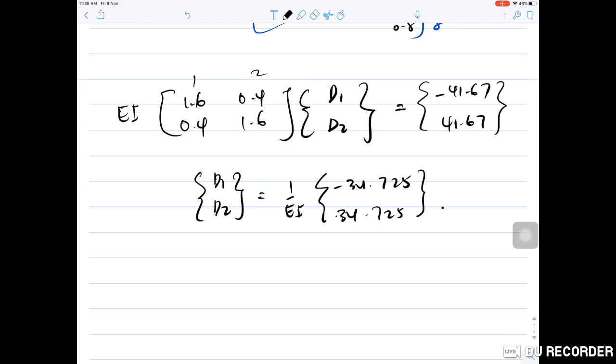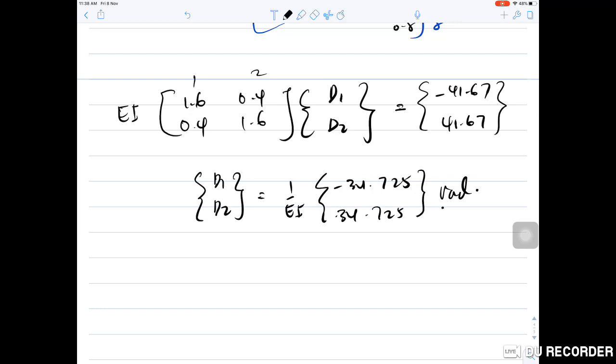If EI is given, then we can get the displacement in unit radian, because 1 and 2 represent rotation.